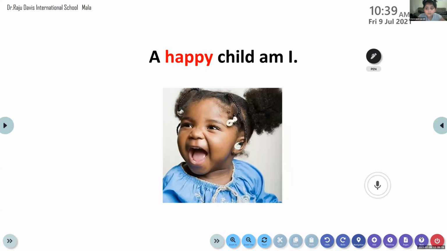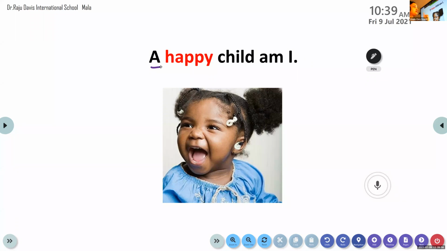Johes, please read the next sentence. A happy child am I. Instead of reading this letter as A, it's better to read it as A. A happy child am I. Say, a happy child am I. Yes, that's good.